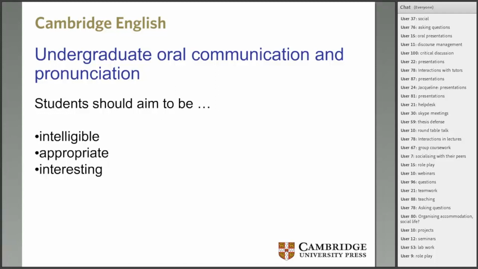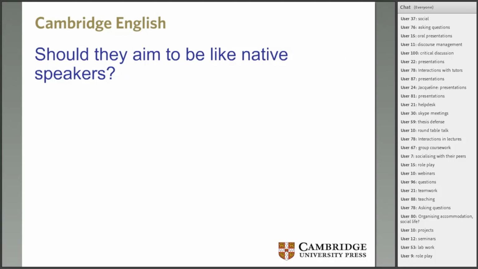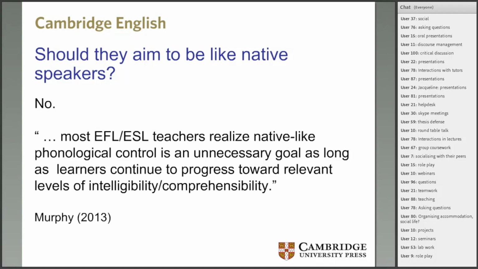So I'm going to tease out these ideas in a bit more detail as we go through, particularly looking at this relationship between just being intelligible, understood, but also being appropriate. So in terms of dealing with pronunciation with EAP learners, should we be aiming to get them to sound like native speakers?